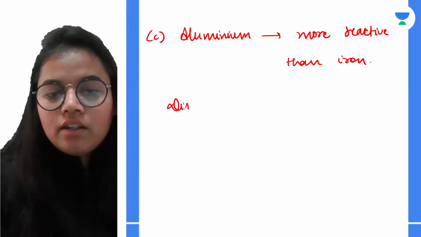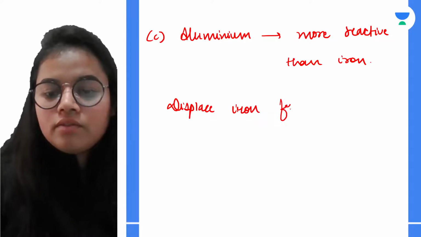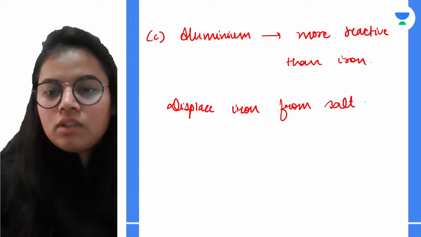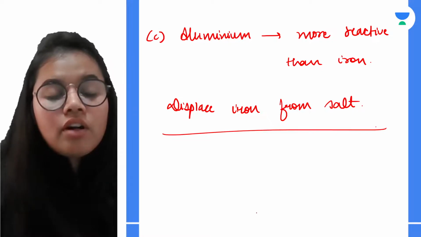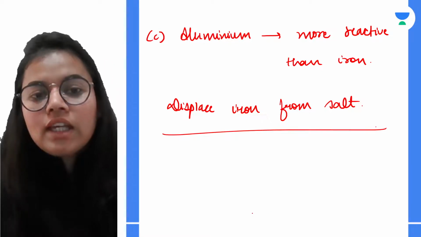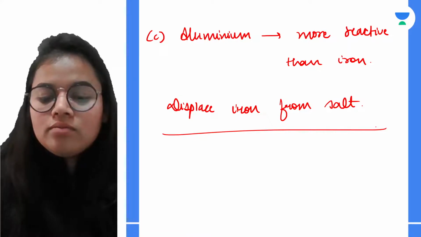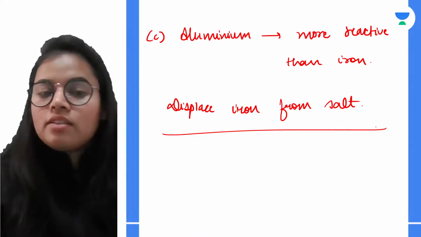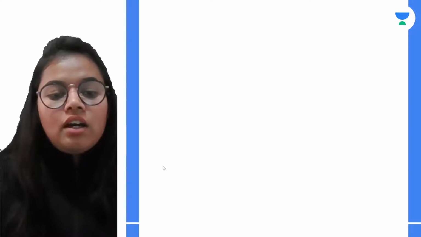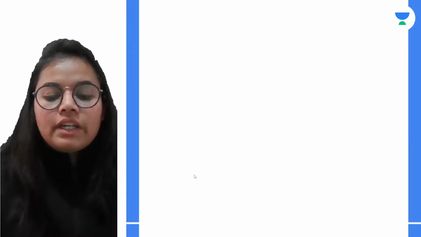It can displace iron from salt. And therefore we should not cook food having iron salt in an aluminium vessel. So that is the basic reason. I hope that it is very much clear.